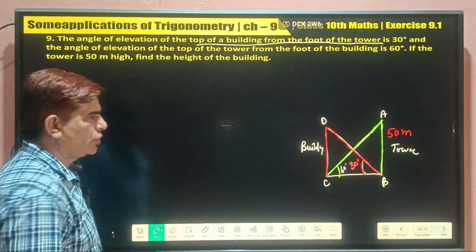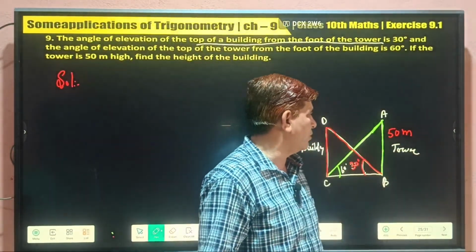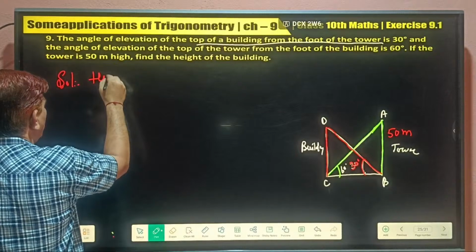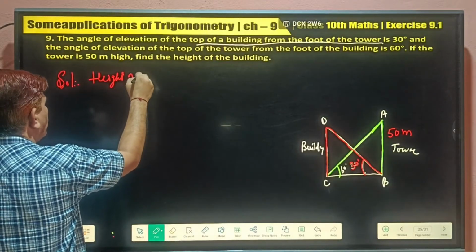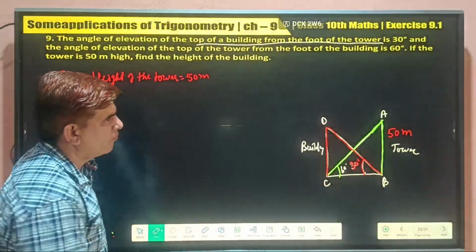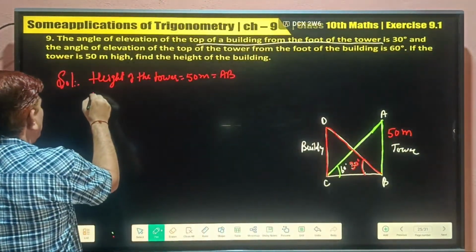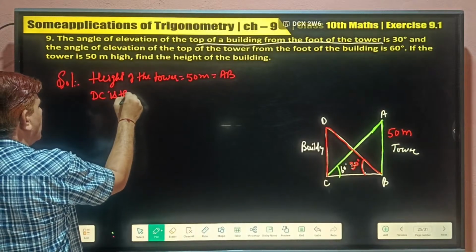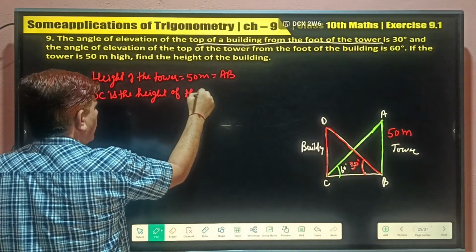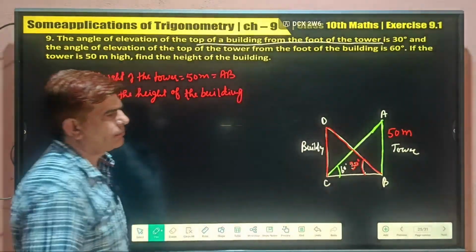So how can we find out? First we need to find BC. After this we can easily find out. Height of the tower is equal to 50 meter, equal to AB. DC is the height of the building.